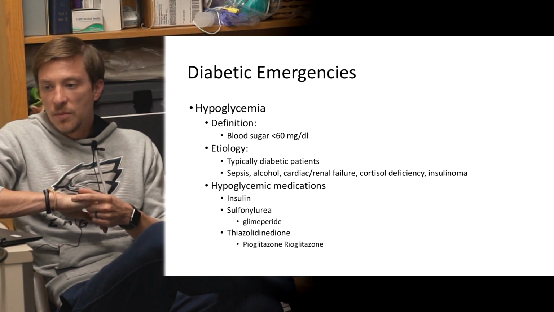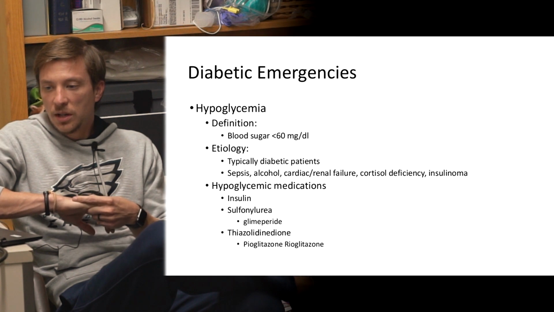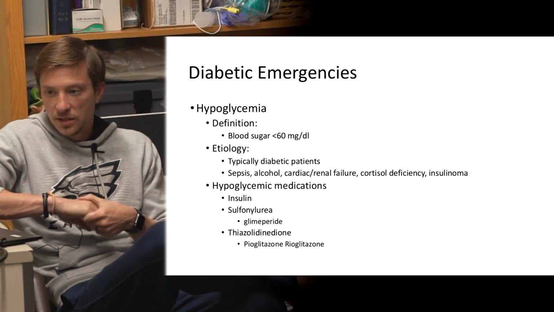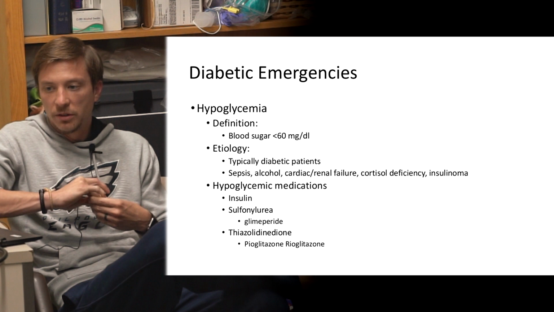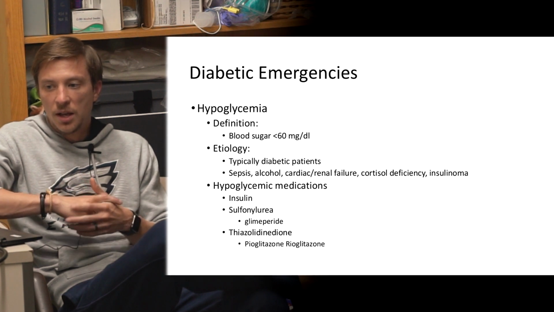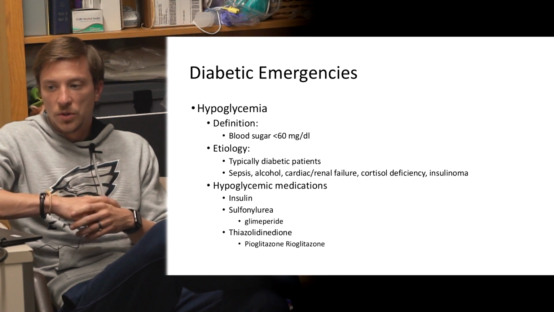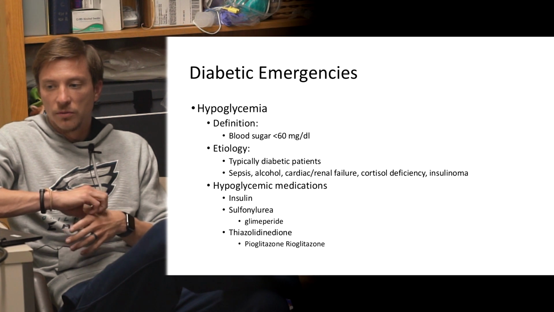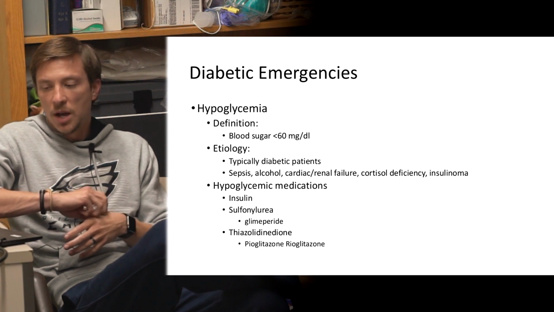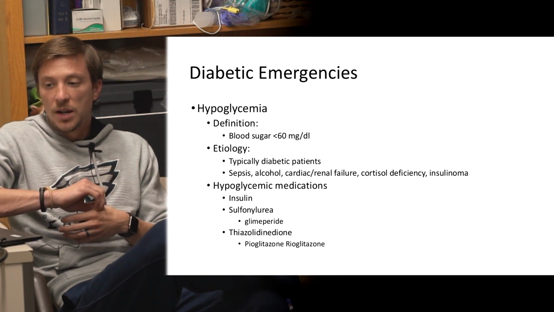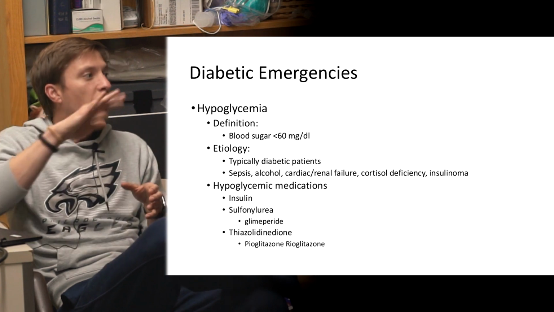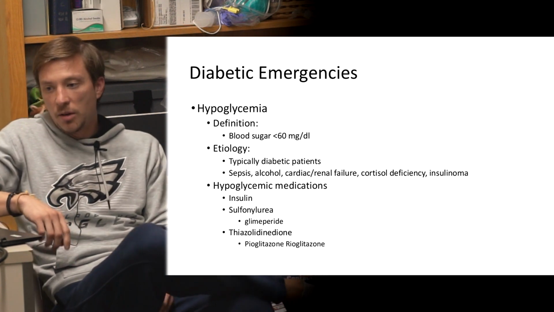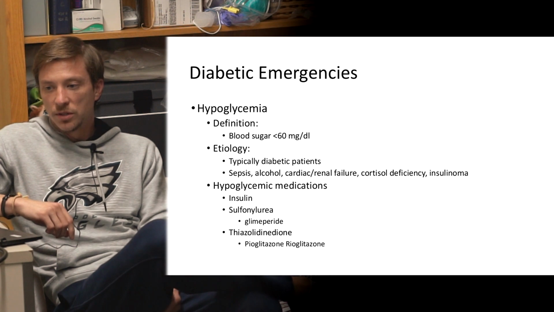Typically the medications that you would see with it, obviously insulin's the most common. Sulfonylureas, medications like glimepiride, are very important to know because they're very potent hypoglycemic medications. As you bring their blood sugar up, they can have a rebound hypoglycemia again, so it's important to get an accurate med list.